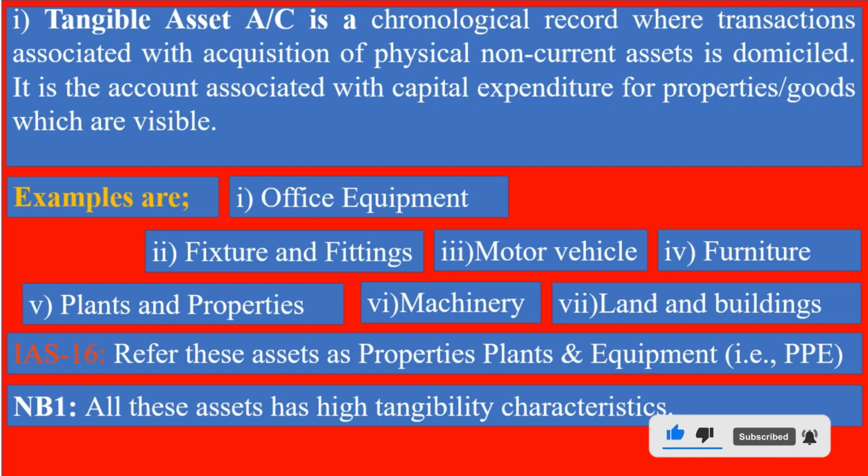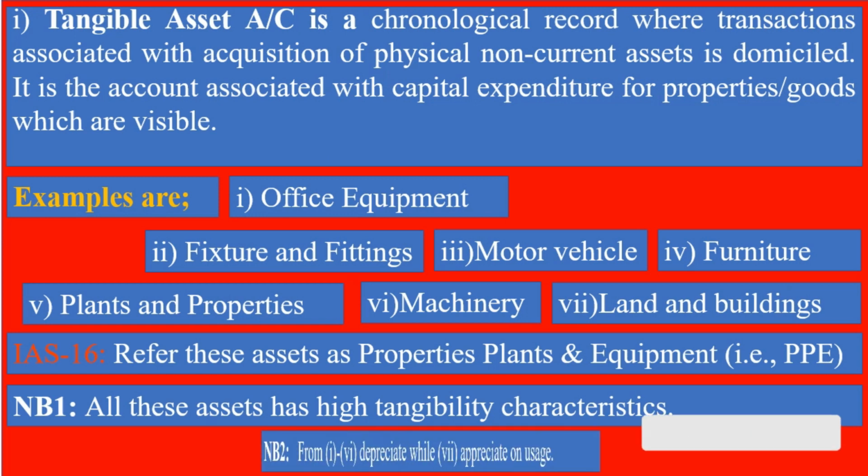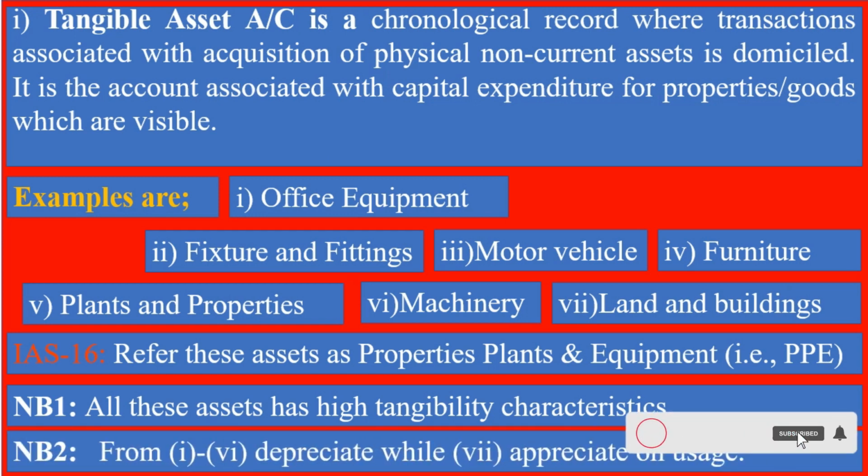Number 2, from Roman 1 up to Roman 6, those non-current assets undergo a wear and tear process, commonly referred to as depreciation, over usage, over time.